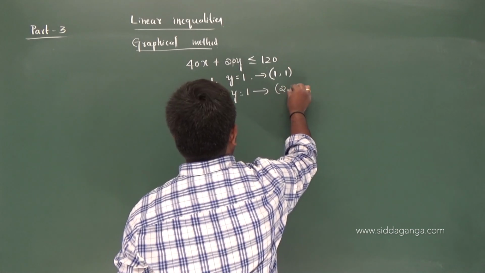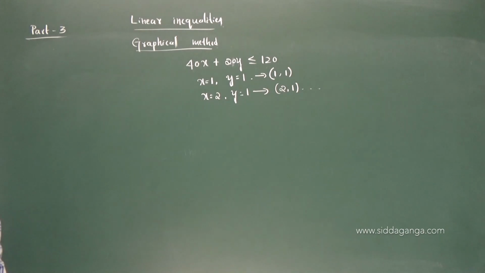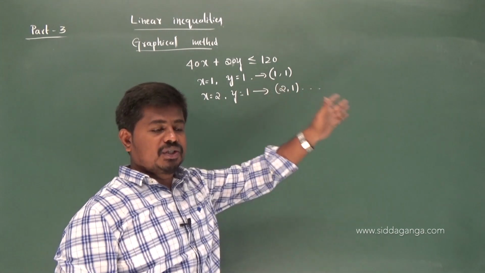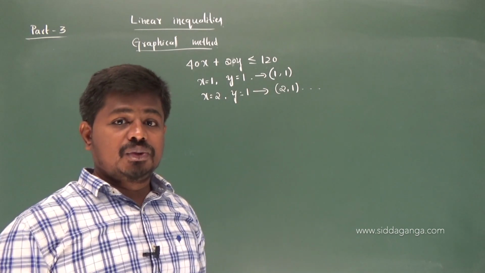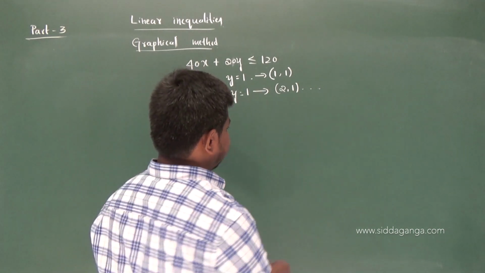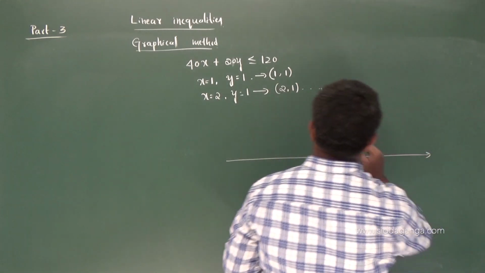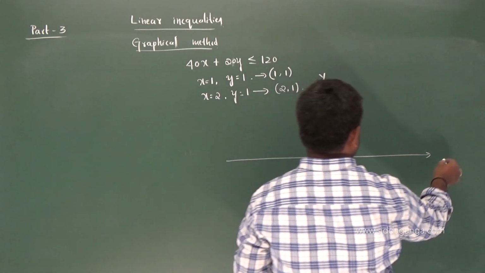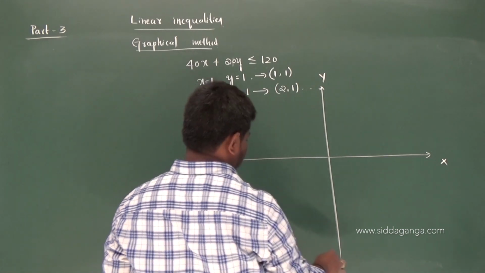In the same way, you may get many solutions for this. Since the solutions are 2D points, they can be plotted in a 2D, I mean Cartesian plane. So for that I am going to consider a Cartesian plane. This is a simple way of finding the solution.